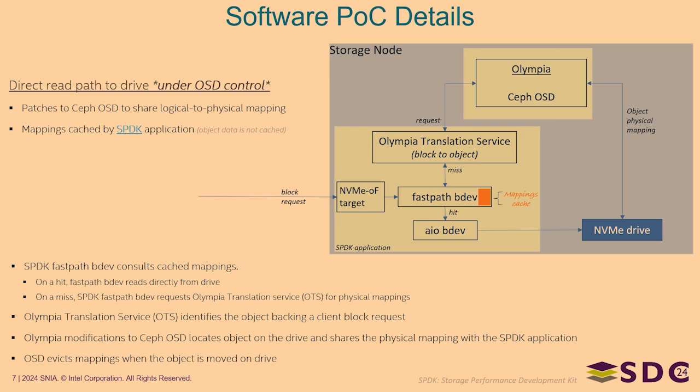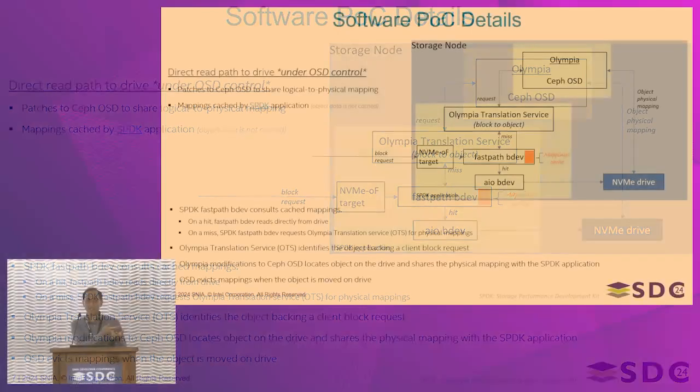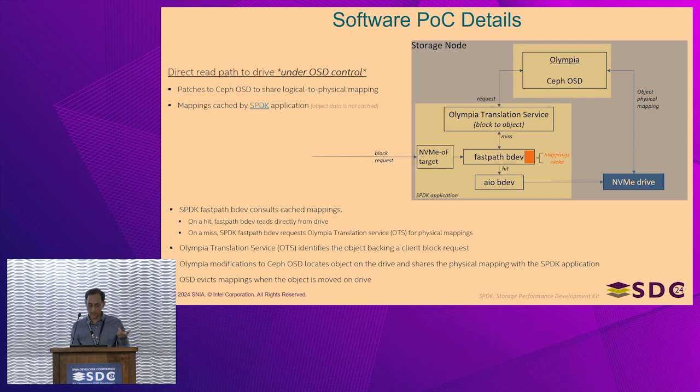So it will check: do I have a mapping for this extent which is being requested in this IO request? Let's say it doesn't have it. Then that's our miss path, right? So it will say to the translation service above, hey, I need a mapping for this extent. Can you get it for me?